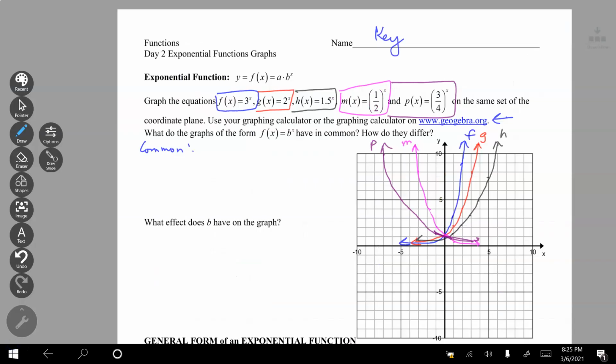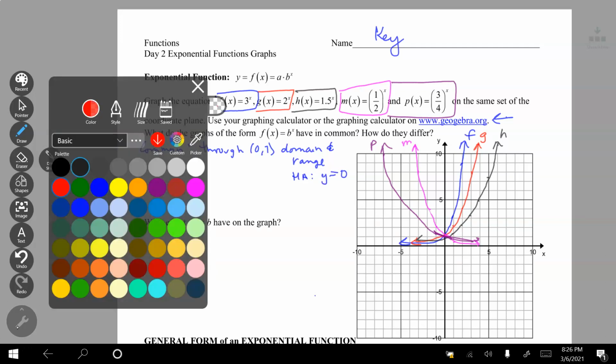So obviously the GeoGebra version of these graphs is a lot better than what I can draw, but what do they have in common? They all go through the point 0, 1. Their domain and range would be the same, and they all have a horizontal asymptote of y equals 0.